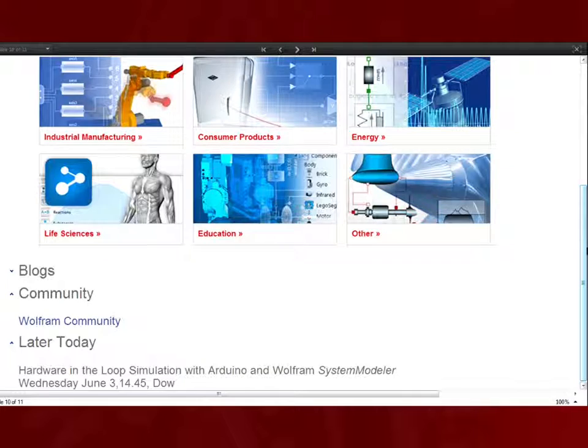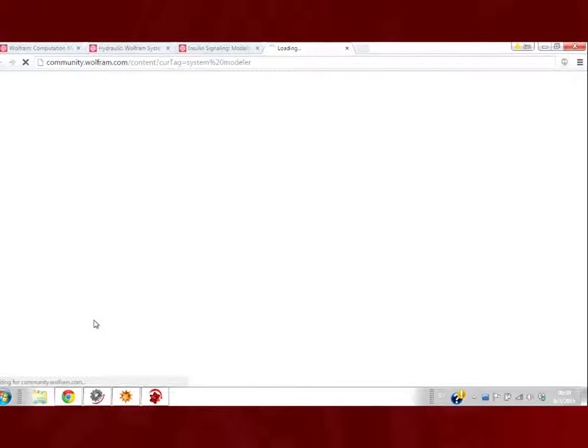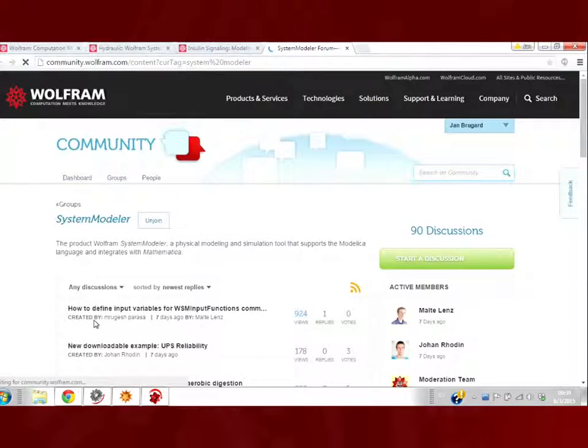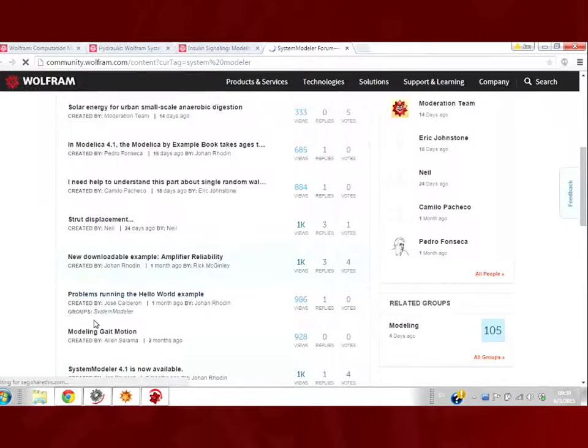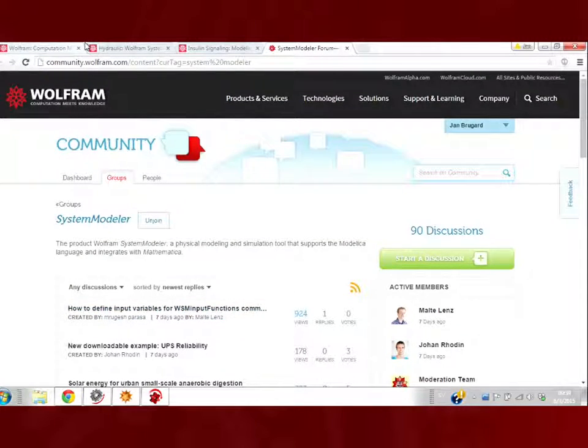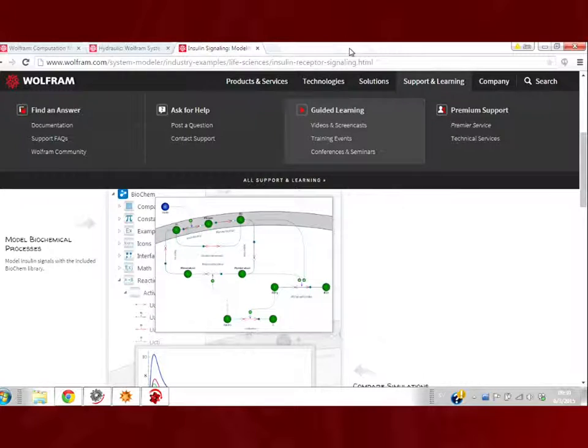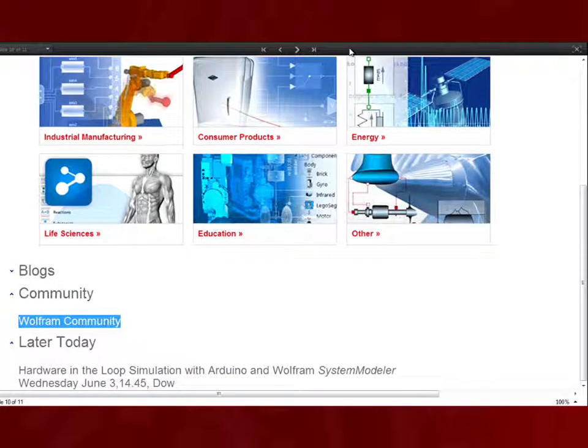The Wolfram Community has a lot of different forums, for instance, for SystemModeler. I recommend this for anyone who is trying it out and has questions about a specific area. Both the community members themselves and we on the team are pretty eager to answer what comes into the community.